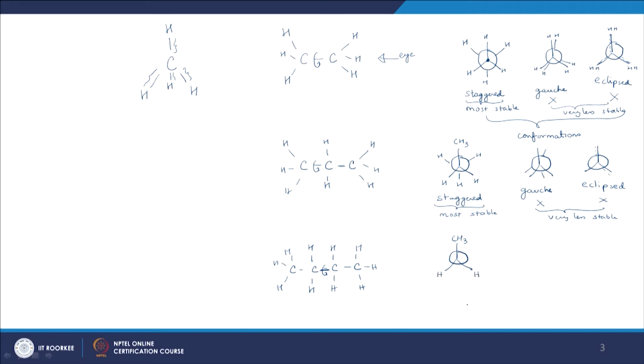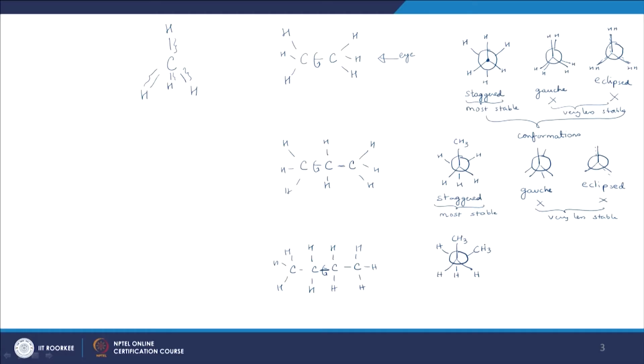Now the back one also has a CH3 and 2 hydrogens. And now you can see that we do not need gauche and eclipse conformations, which can anyway be less stable. We really have 3 staggered conformations in this case. All of them are, I would say, more or less equally stable.